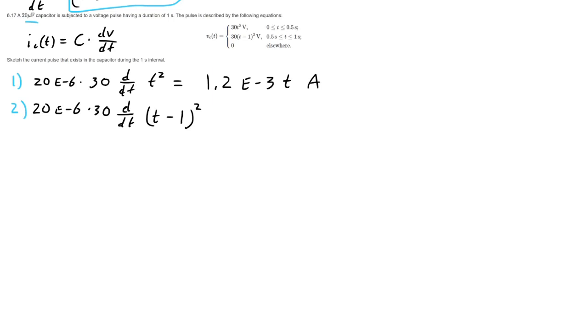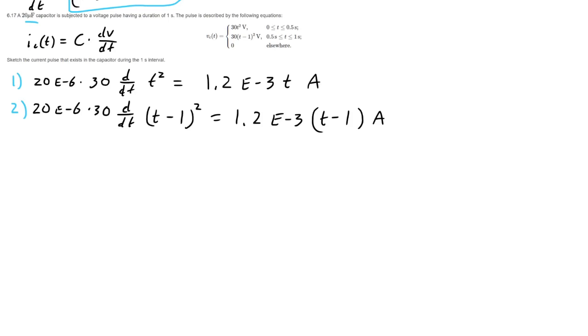The derivative of the inside is 1, so we get 1.2 × 10^-3 (t minus 1). Let me actually put the exponential in the front: 1.2 × 10^-3 (t minus 1) amperes. Okay.